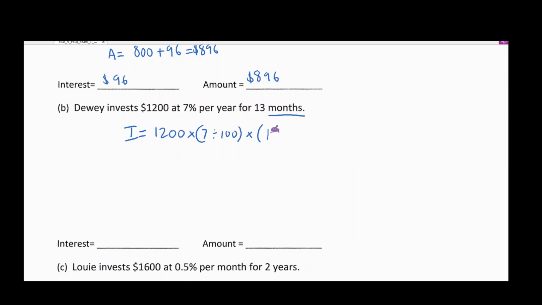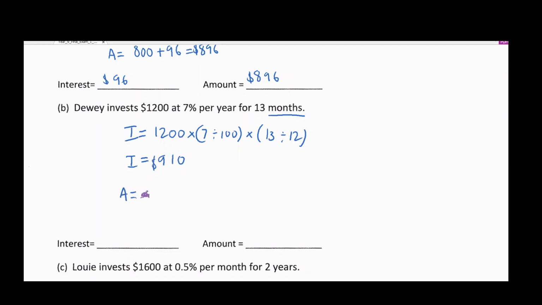So to go from months to years, we divide by 12. So our interest will be 1,200 times by 7 divided by 100 times by 13 divided by 12. That gives 910. So our interest is $910.